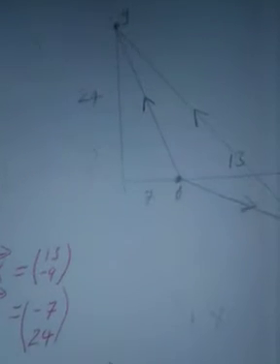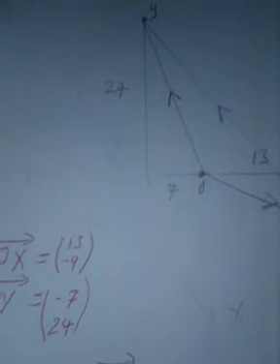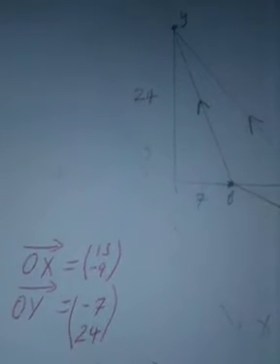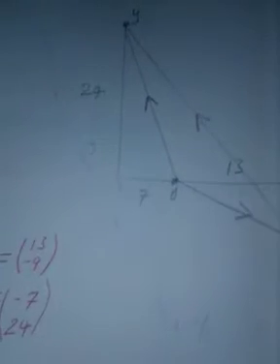What I did roughly was to draw a rough diagram so that we can get a feel for this. So OX is equal to 13. I go over 13 and then it says minus 9, so I move down 9. So OX is equal to this vector right here. This is just a rough diagram.